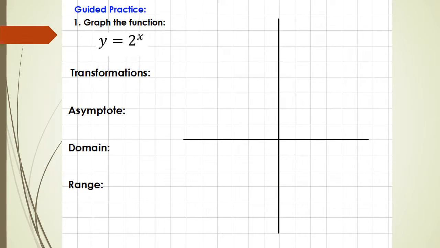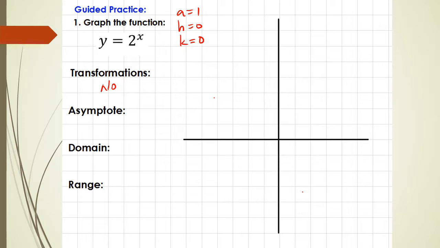All right, so I'm going to do this one for everybody. There are no transformations on this one. There's no a value. The a value is equal to 1. The h is 0, and the k is 0.